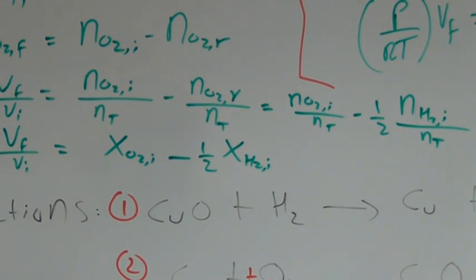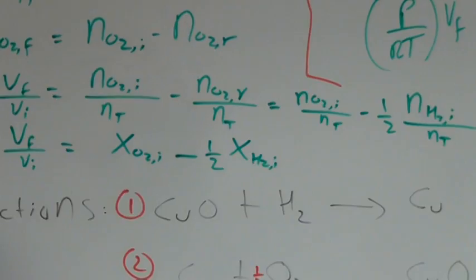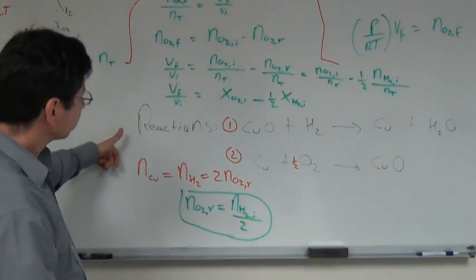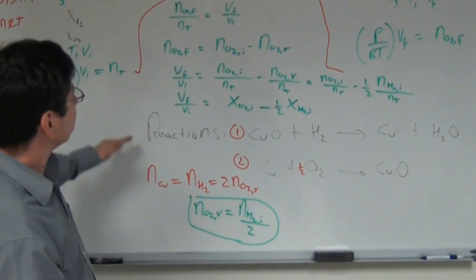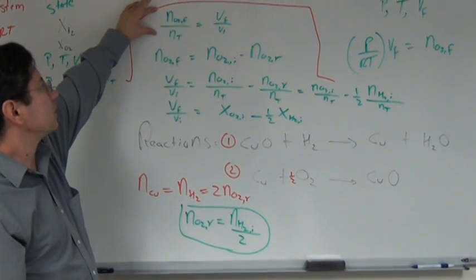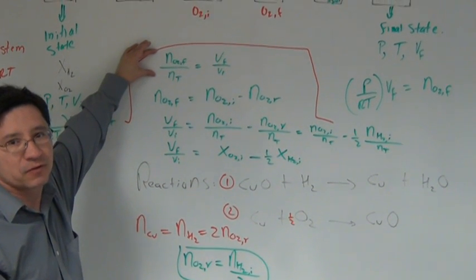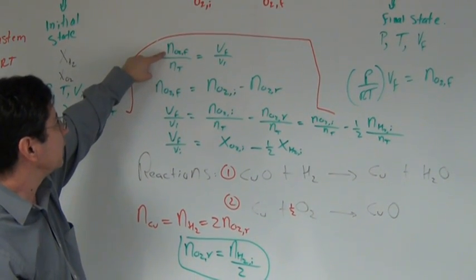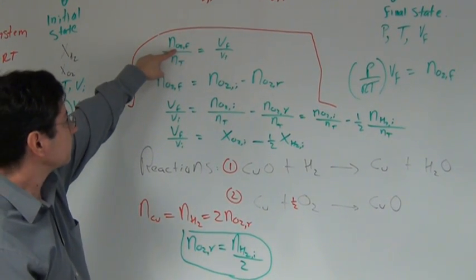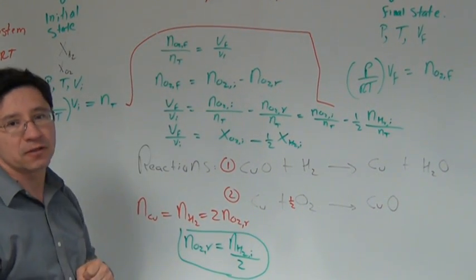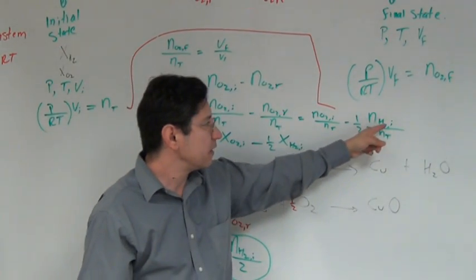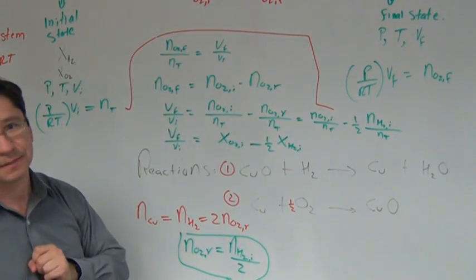Okay. So I'm going to erase this part so I can finish the exercise. Before I do that, let's review what we just did. We know this is a key equation for us to find the answer, but we need to express the number of moles of oxygen in the final state in terms of the moles of oxygen in the initial state and the number of moles of hydrogen in the initial state.